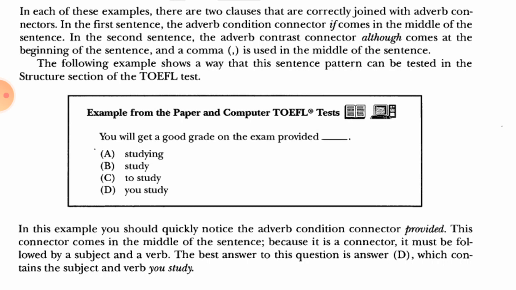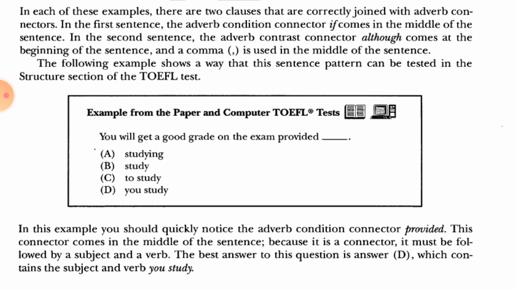Okay, in this slide, we have an example that shows how this sentence pattern is tested in the structure section. The example must have two clauses. The first clause is, you will get a good grade in the exam, and the second clause is introduced by the connector provided.